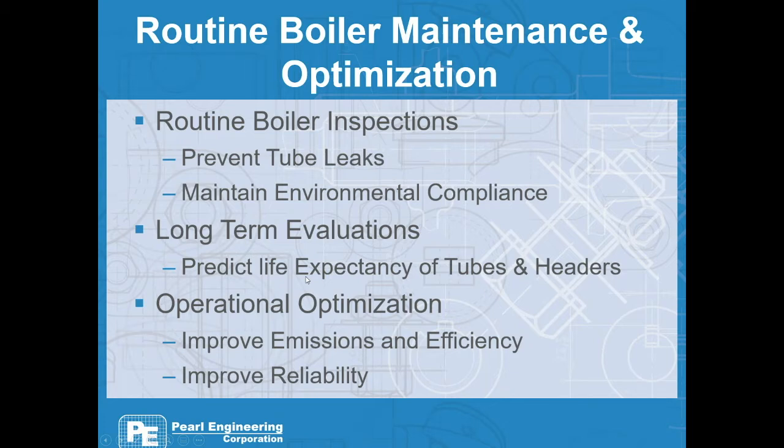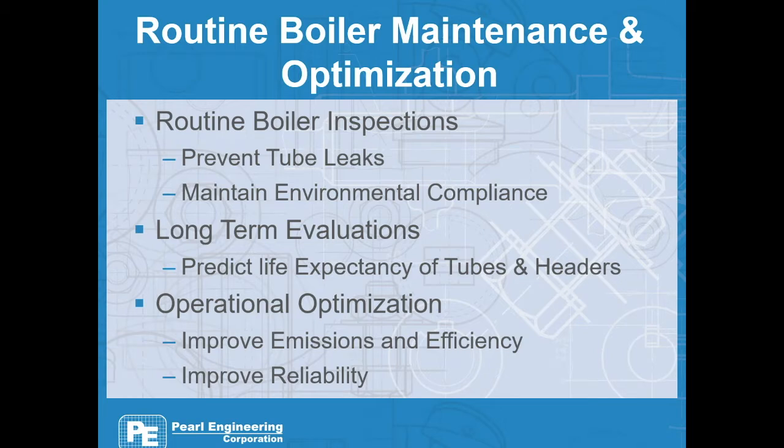Keeping up with your routine inspections helps you prevent tube leaks, and it helps you maintain your environmental compliance. With the new regulations that the EPA's handed down, like the IB MACT and the UMACTs, it's important to do internal inspections in your furnace to look at your burners and other equipment. It's important to perform long-term evaluations on your boilers.